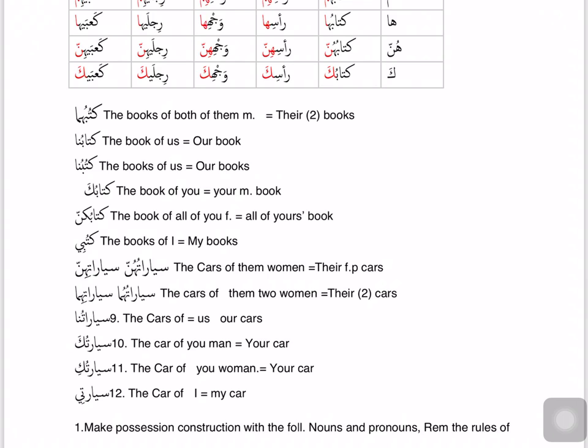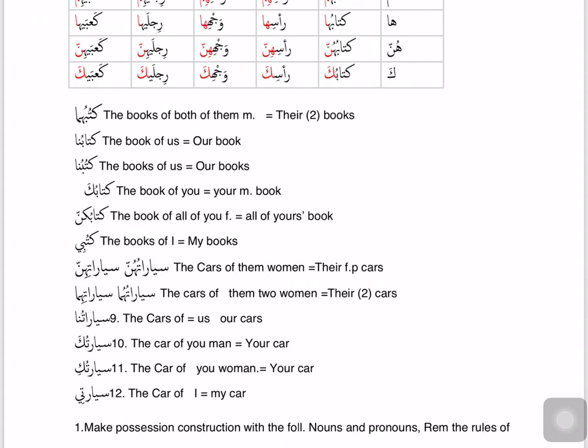Whenever ya mutakallim is attached to a noun, it forces the last letter of the noun to take a kasra. Sayyarati, the ta marbuta lost its dhamma, not for any grammar reason, but because it was attached to ya mutakallim.